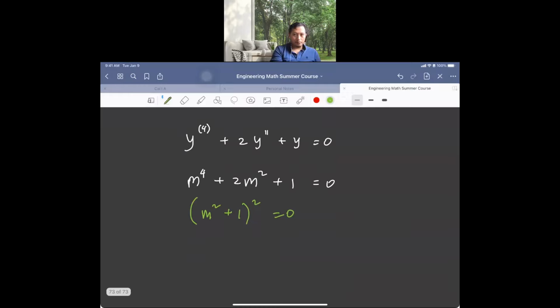And then what we are going to do is, we will have some multiplicity, right? We can have multiplicity.